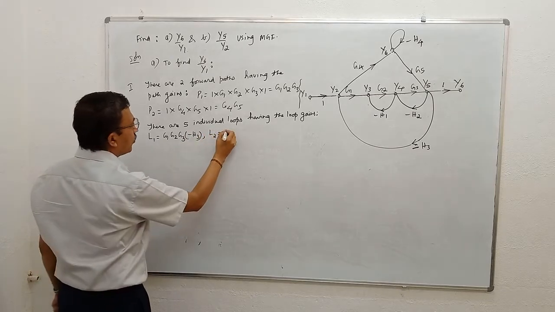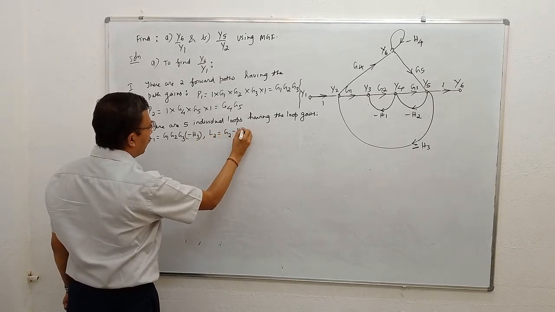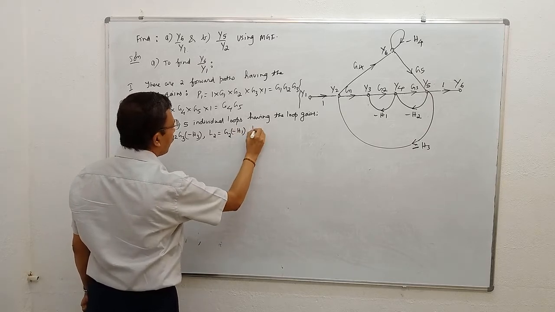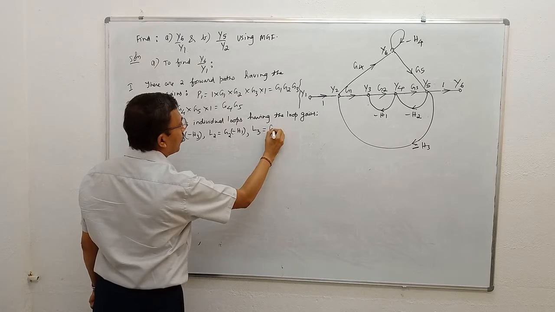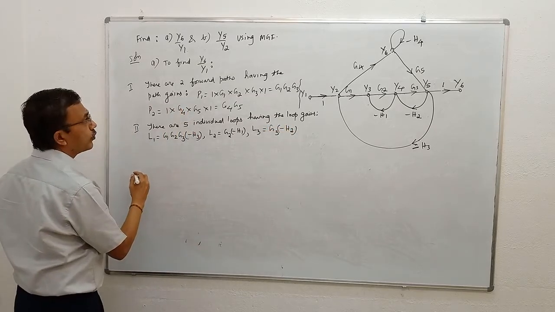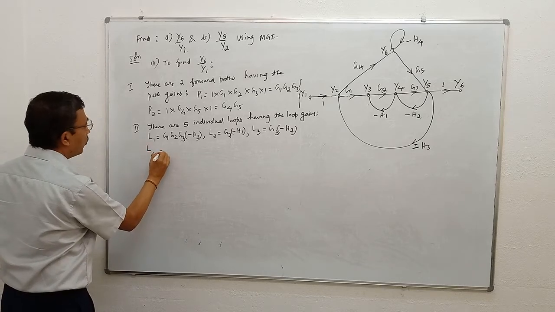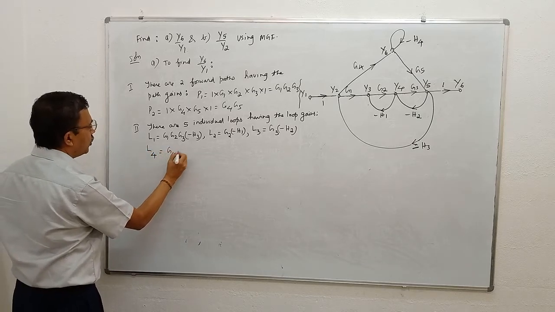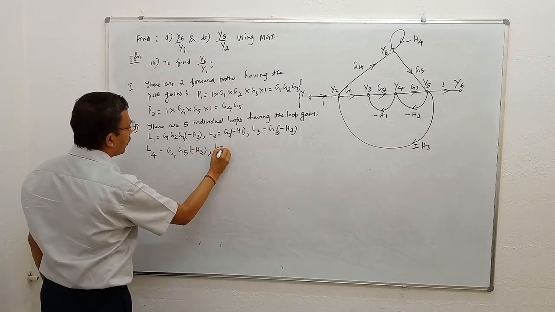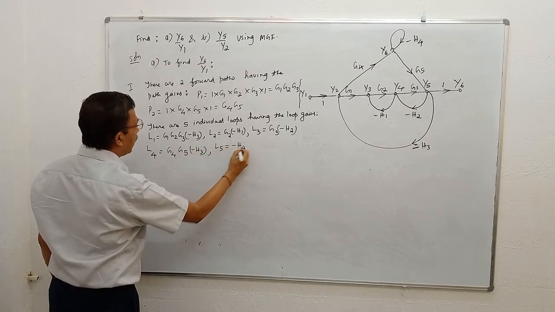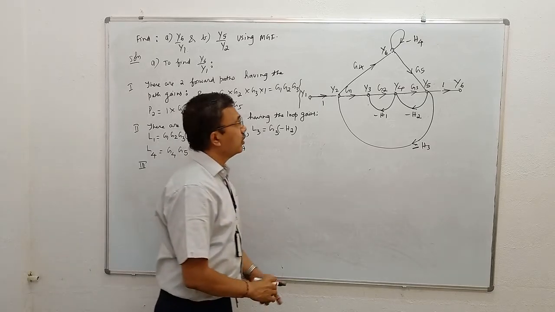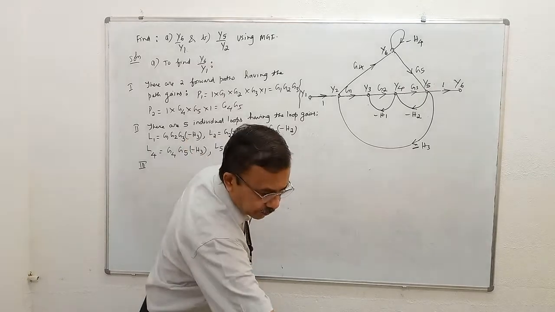L2 is equal to G2 minus H1. L3 is equal to G3 minus H2. L4 is equal to G4, G5 minus H3. L5 is equal to minus H4. Next we have to work out the non-touching loop combinations.